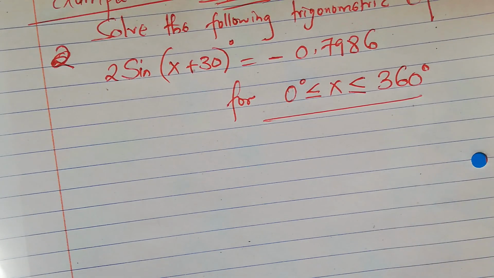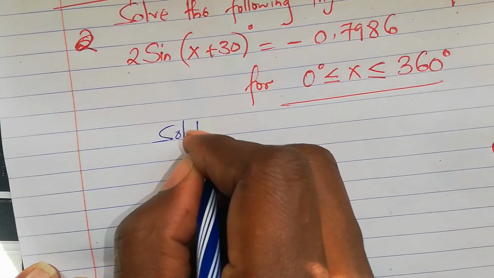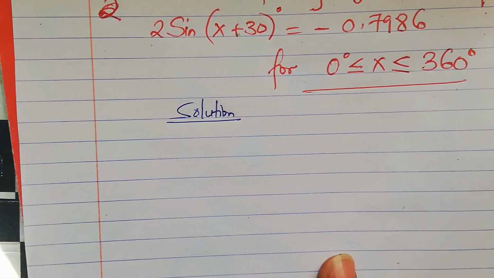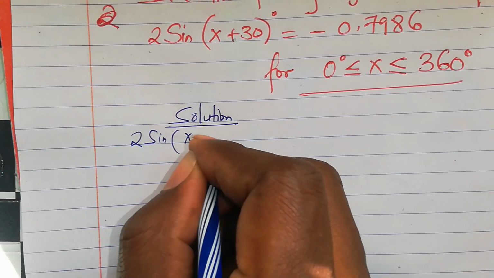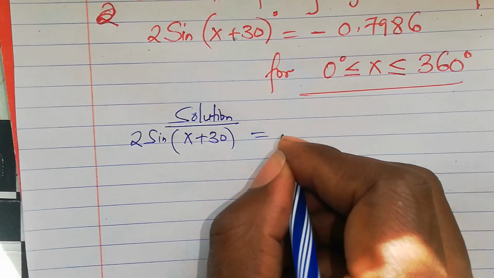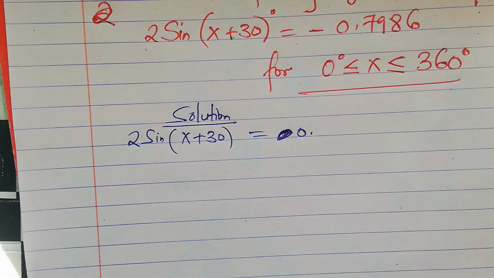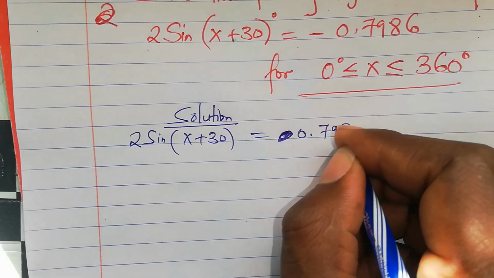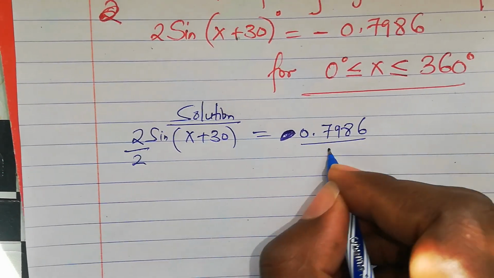So the first thing is to come up with a small quadrant. Or before we do that, we try and remain with x. So solution, let us do the quadrant last. So first of all, 2 sine x plus 30 degrees is equal to negative 0.7986. We can assume the negative first because it already shows us where we will locate our angle. So you divide by 2 on both sides.